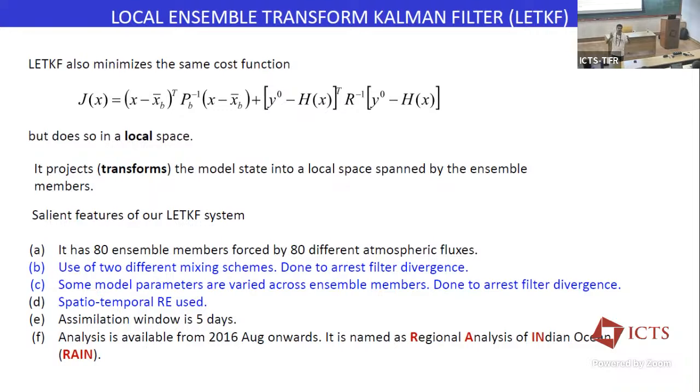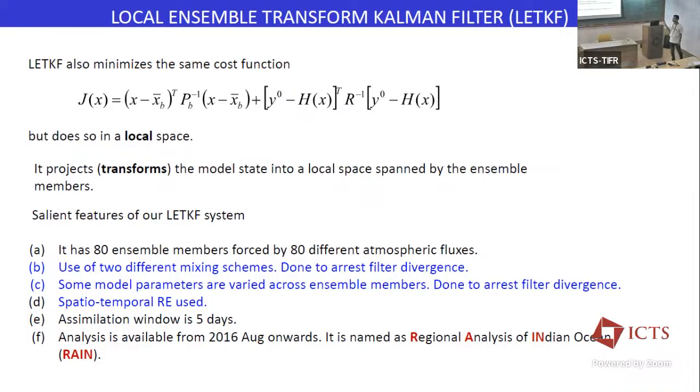So the entire purpose of data assimilation gets defeated. Most ensemble systems suffer from something called filter divergence, the collapse of the ensembles, and we need to take measures to avoid this.